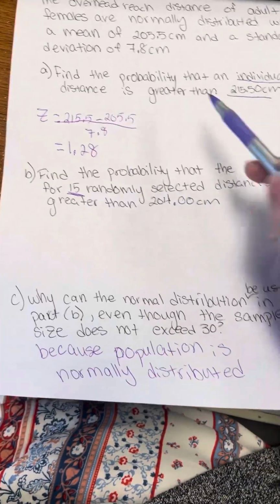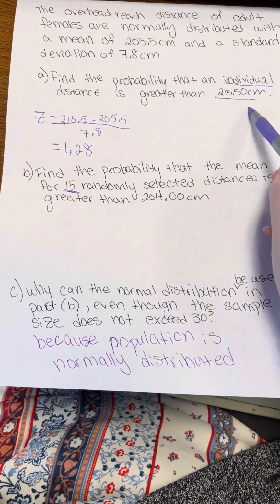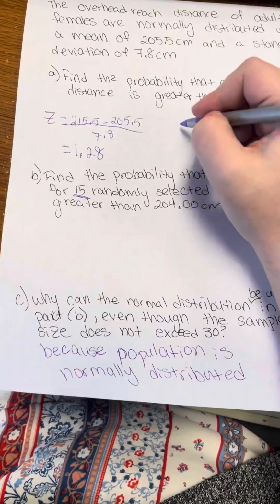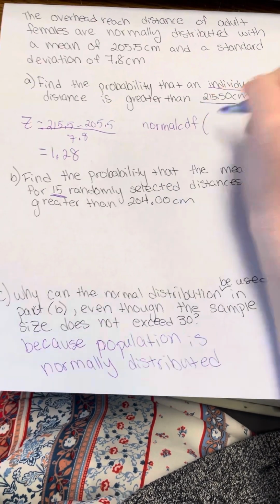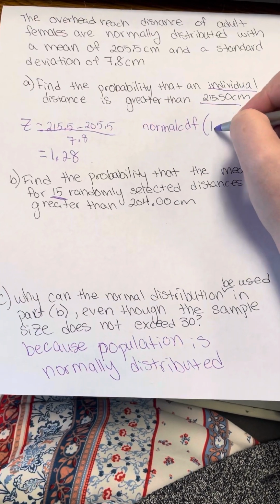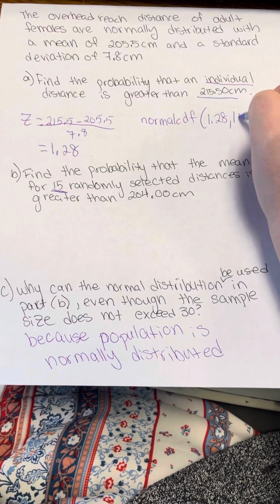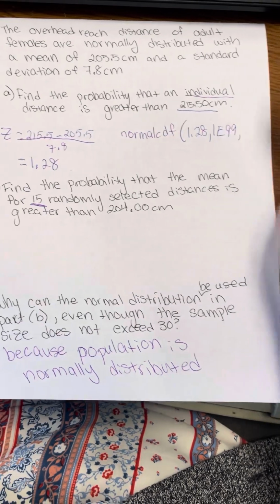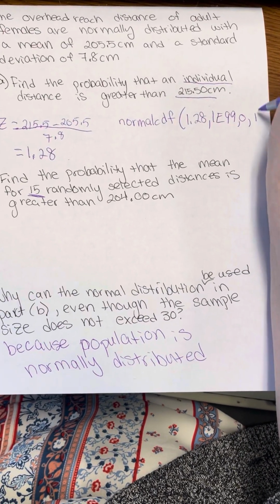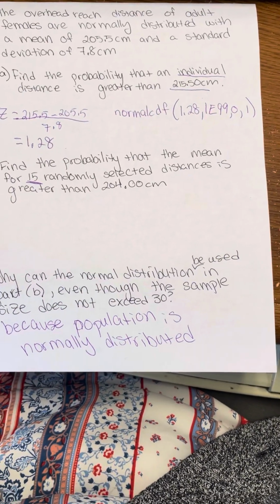1.28 is the z-score. And I want greater than, that means this is the smallest number, so I'll do the normal CDF. I'm going to start at 1.28 and go greater than, so 1e99. These are z-scores, so my mean is 0 and my standard deviation is 1.